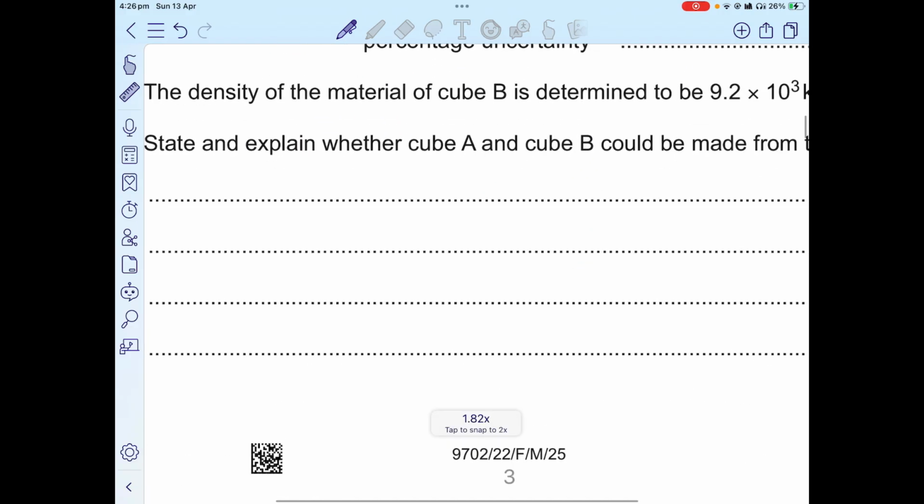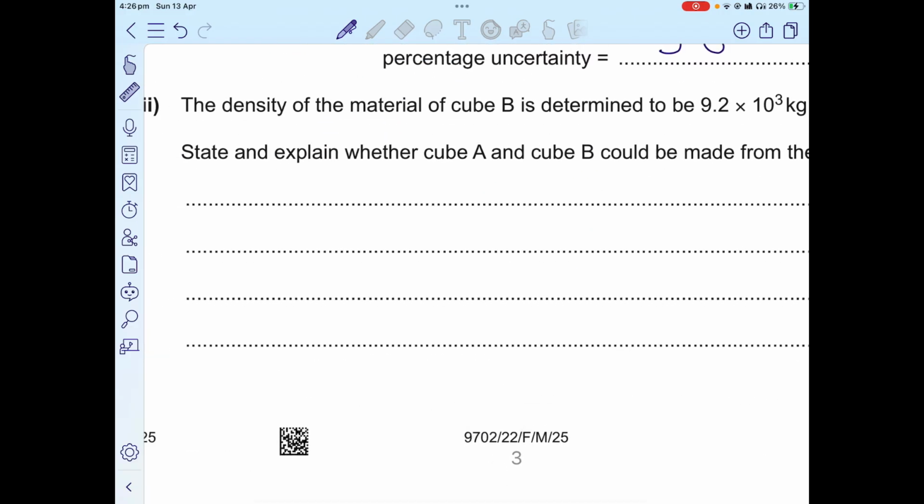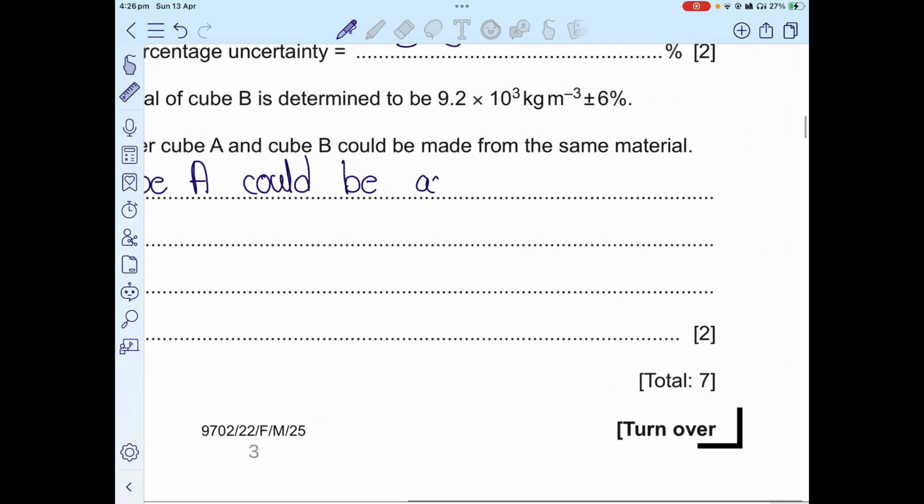So we know that the density of cube A could be as high as 9.0 into 10 raised to 3 kg meter raised to negative 3.